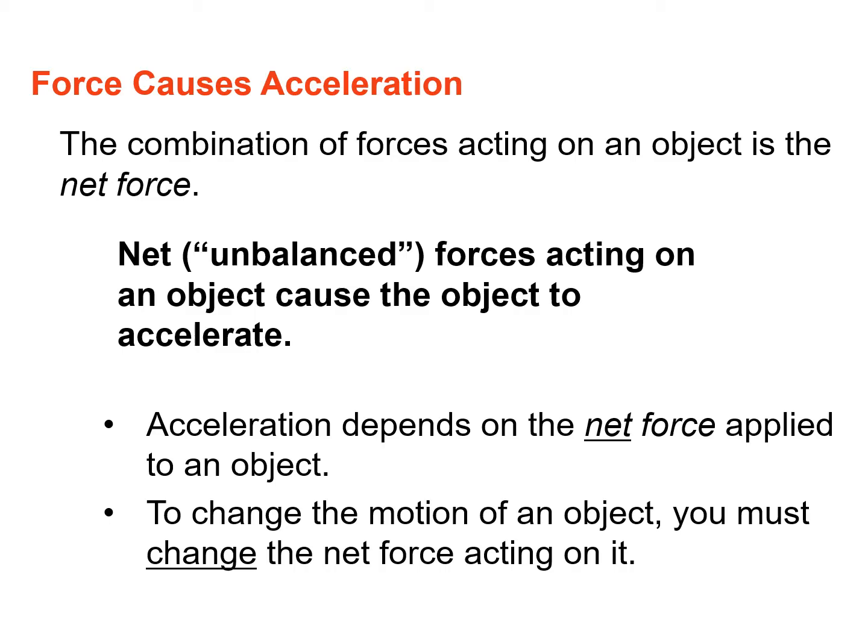More specifically, it's a combination of forces or a net force that causes an object to accelerate. So acceleration depends on the net force applied to an object because more than one force can be acting simultaneously. So to change the motion of an object, you must change the net force acting on it.